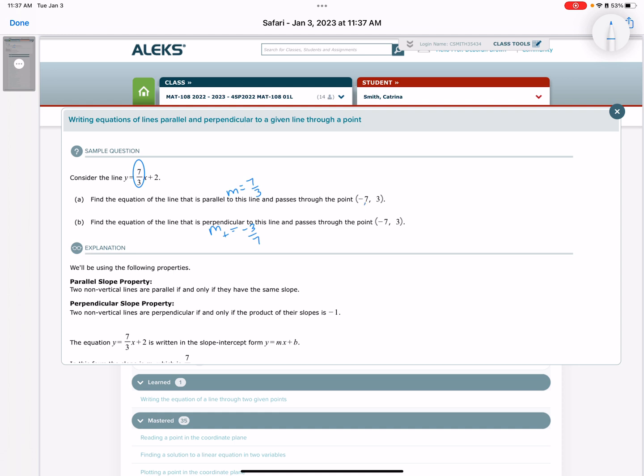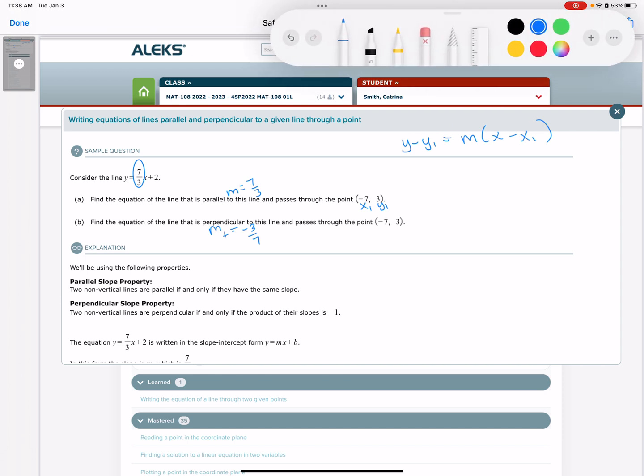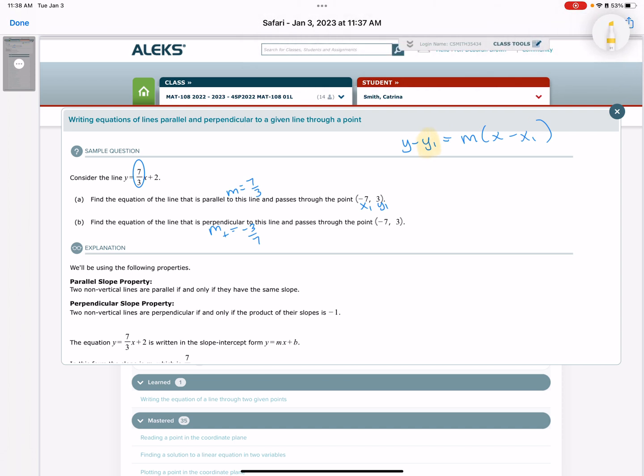Now we're going to go through here. Remember what we did before, x1, y1? So I'm using this equation the way I taught you in the previous segment. Remember, the publisher does it a little bit differently than I do, but what I'm going to do is just take my y1, my m, and my x1.